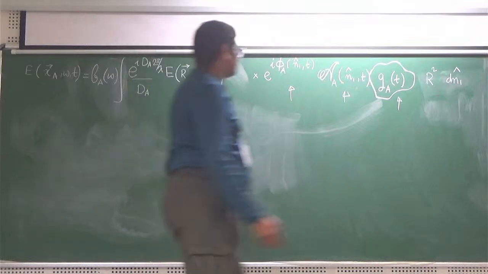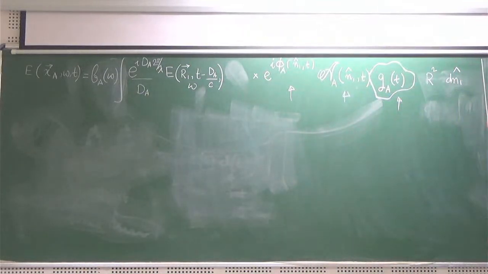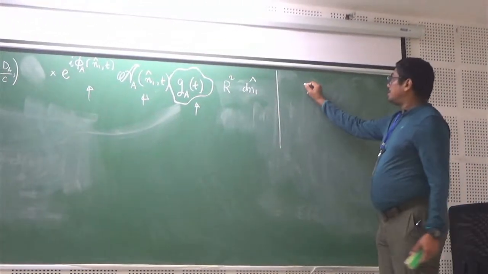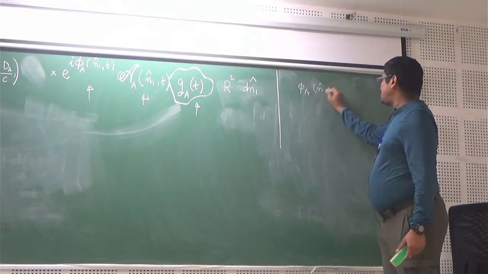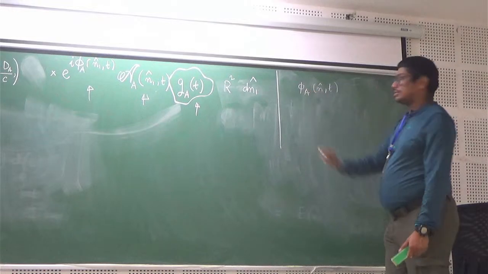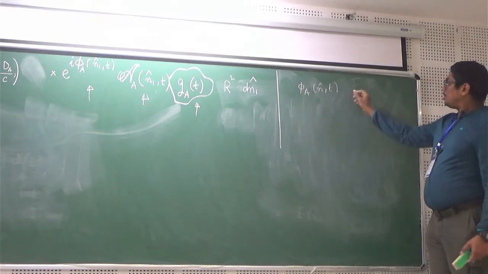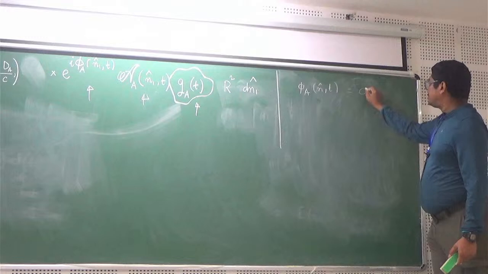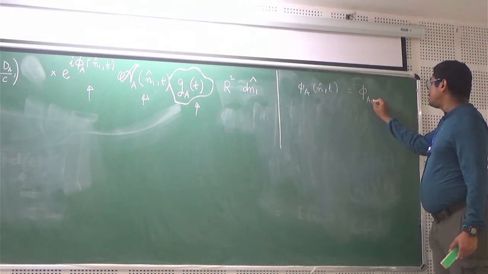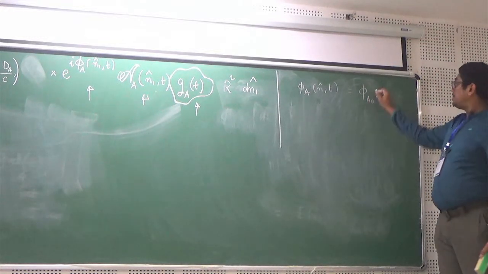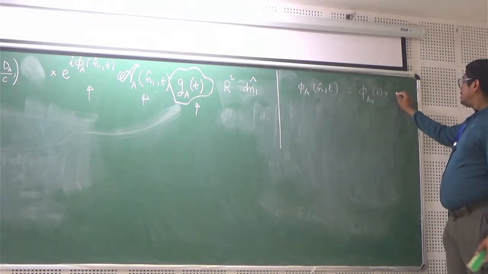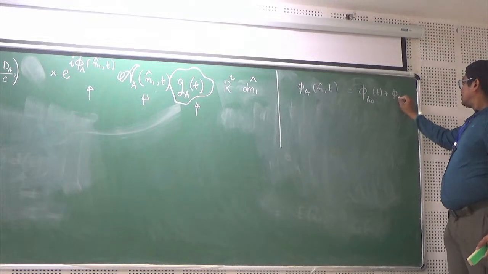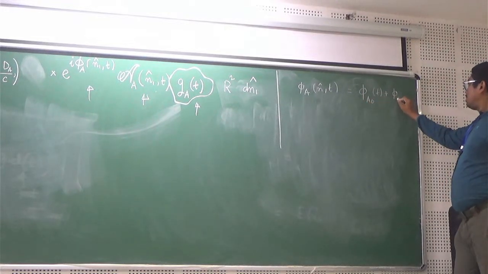Now, we want to do this, that phi A depends on n cap and P. But I can always write this in terms of some phi A0, which depends only on time, then the n cap dependence in terms of, call that phi A itself.